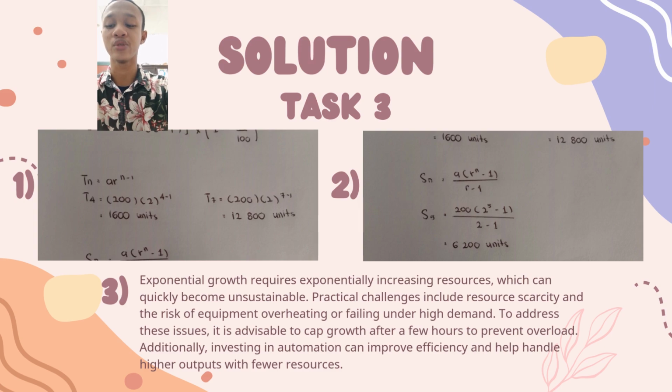To address these issues, it is advisable to cap growth after a few hours to prevent overload. Additionally, investing in automation can improve efficiency and help handle higher outputs with fewer resources.